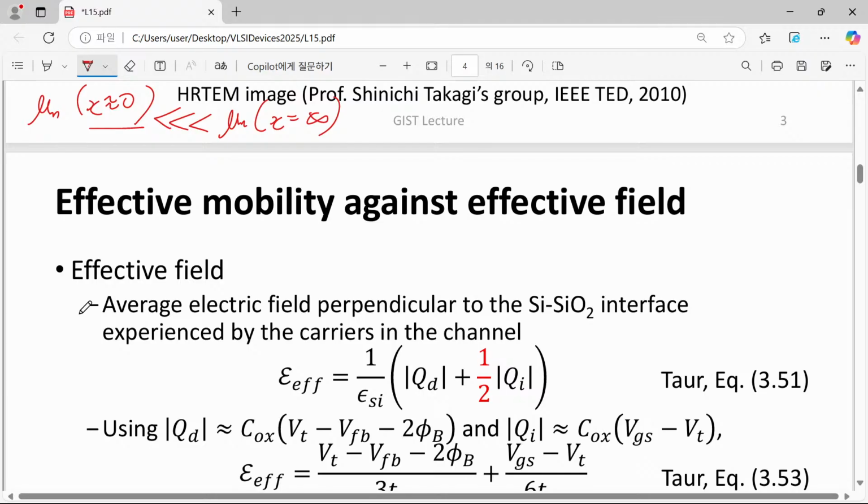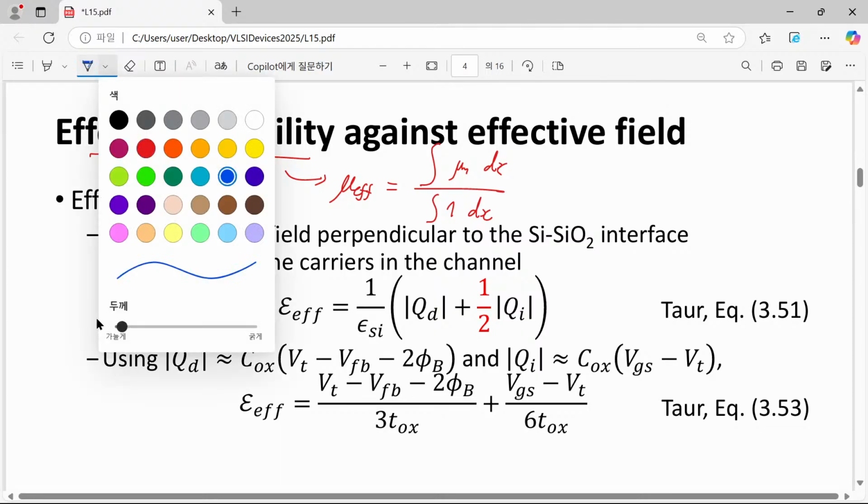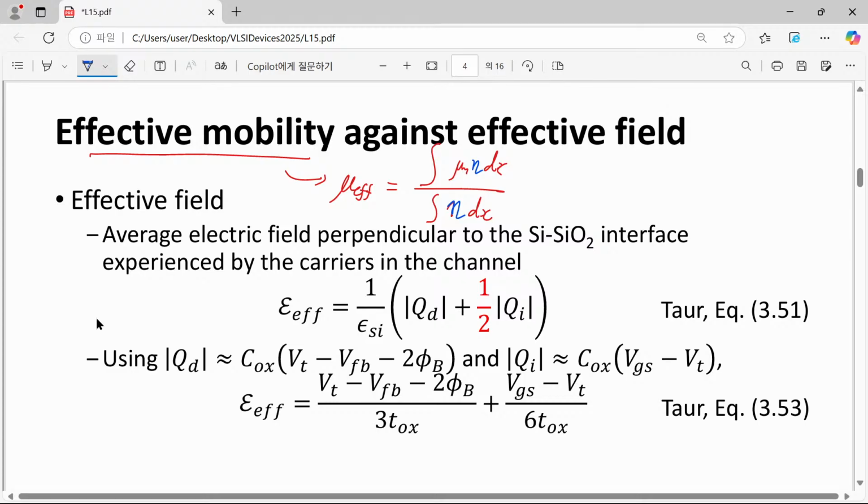So now you understand this effective mobility is something like this, mu n. Although this is an average mobility, it's not like this. This is not the definition of effective mobility. The definition of effective mobility is that we use our electron density as a weighting factor. So we point out the average electron mobility felt by our electrons.